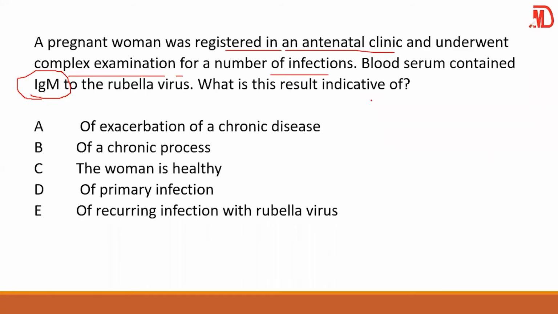I remember when I was giving the types of immunoglobulins, IgE, IgM, IgG, and what have you, I made mention that the first immunoglobulin to appear at the site of infection is IgM. Again, it is an indication of a primary infection.